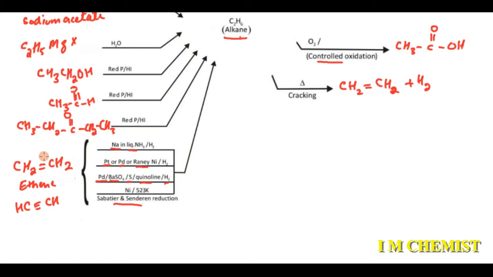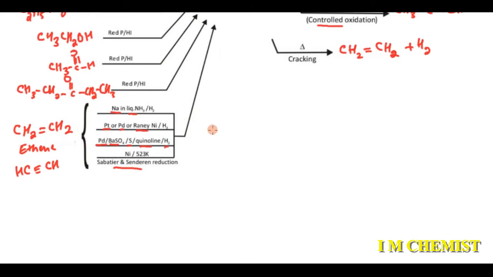Now these are the reactions, and there are some other reactions which are not mentioned here, but we can mention them over here. The first one is the isomerization reaction. Now in isomerization, what happens?